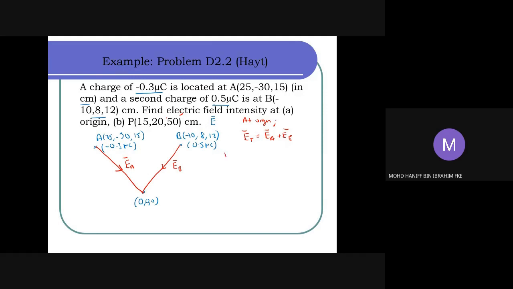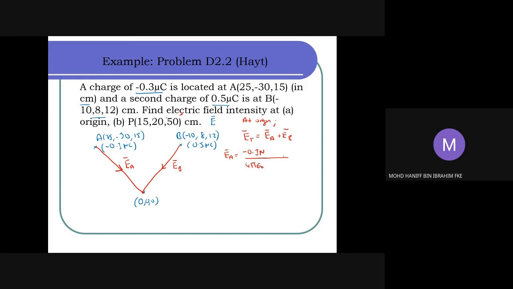So for EA, we have learned in the previous slide that it should be the charge of negative 0.3 microcoulomb, which is the charge amount, divided by 4 pi epsilon naught.